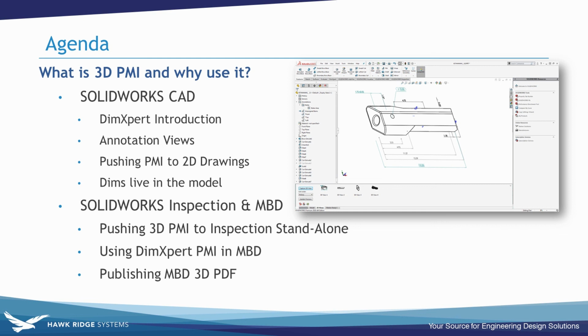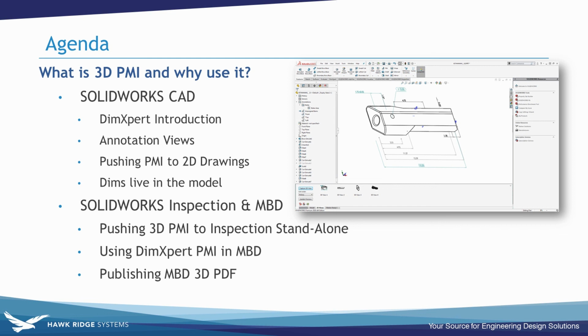The SOLIDWORKS Inspection and MBD portion of this was basically pushing that 3D PMI from the inspection add-in to inspection standalone. So it was at the part level, push that to a drawing, push that to the standalone application, and then of course from there publishing out the balloon drawing and the Excel-based inspection report, the FAI report.